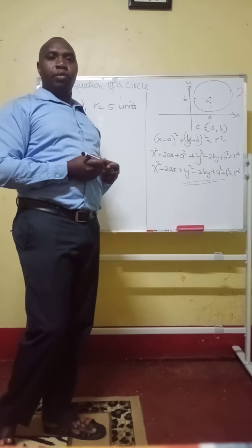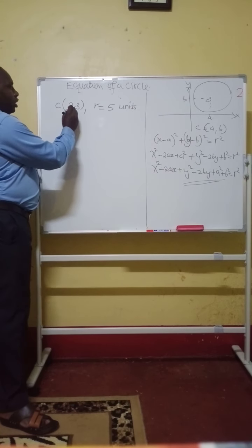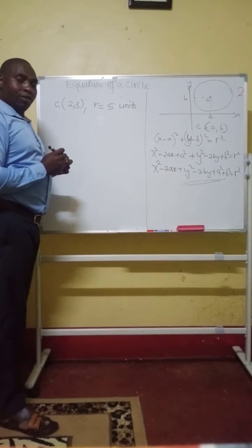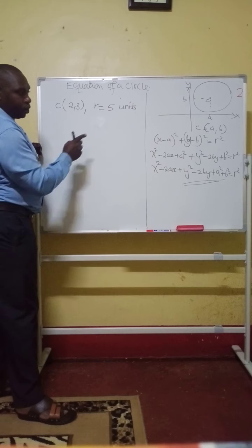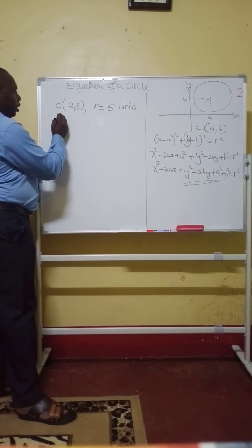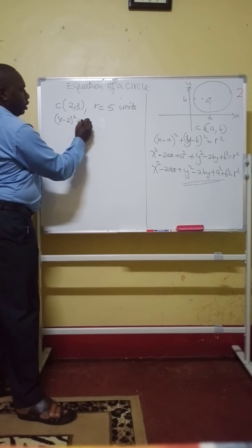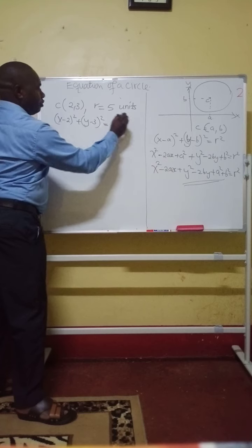Yes, it's very possible. By simply looking at the center, we realize that the center is at 2, 3, and therefore this is not the origin. So we apply the second method, where we say x minus 2 squared plus y minus 3 squared is equal to 5 squared.